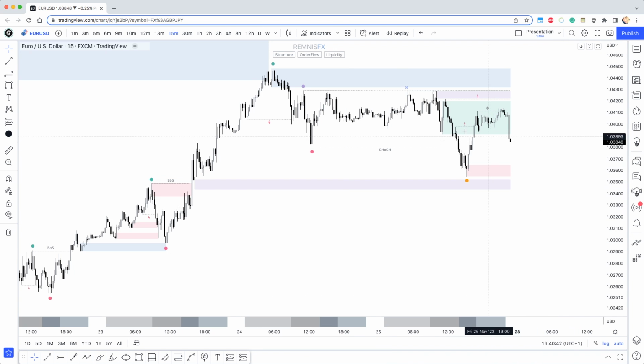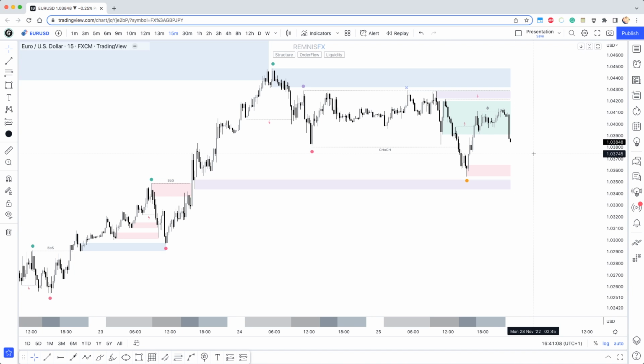Okay, so now your inducement is taken out, right? And price mitigated your order flow. Okay, and then before it broke out, it came back, and it liquidated this area here. It did a liquidity sweep and then broke out to the downside.